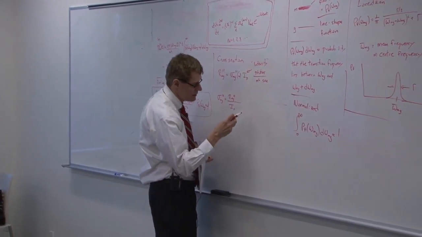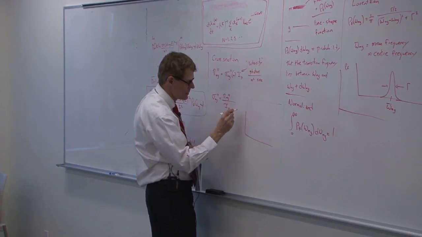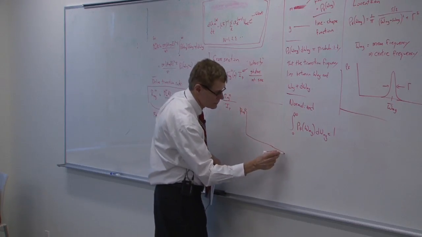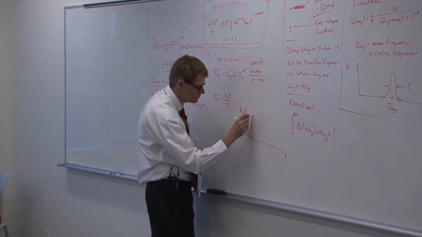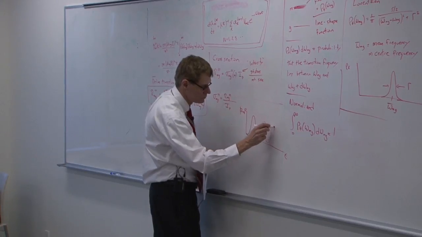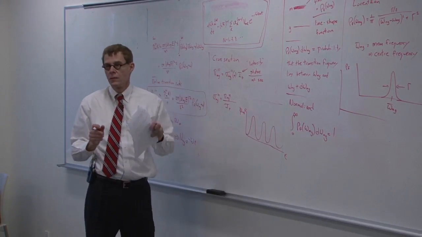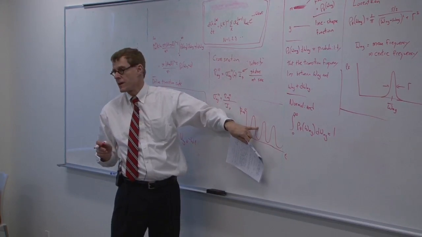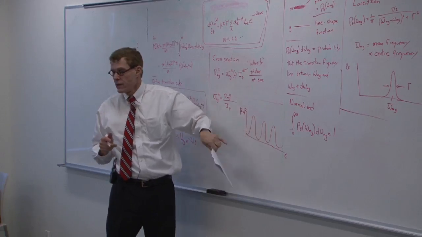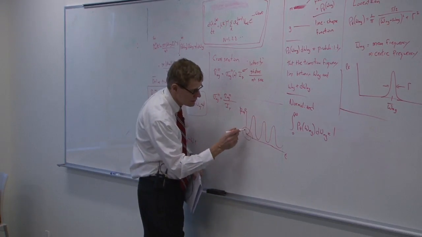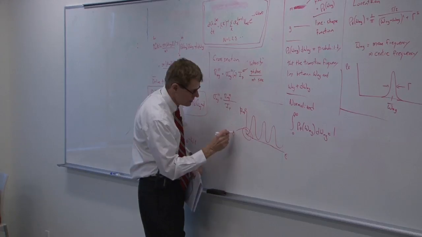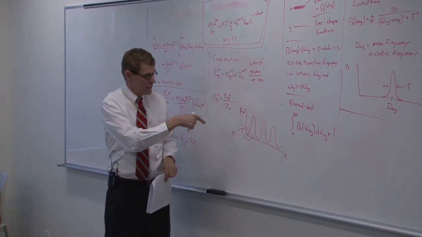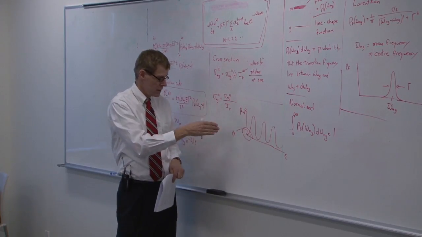If you take the equations we derived and solve them exactly, which you can do for a two-level atom, you get something like this. This little part here is a T squared.